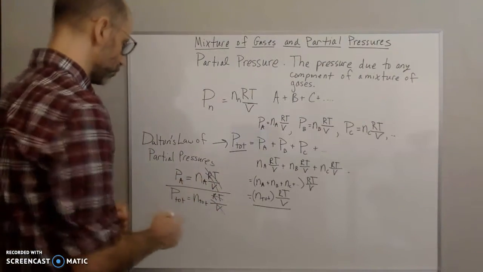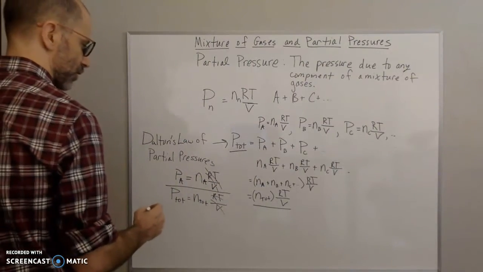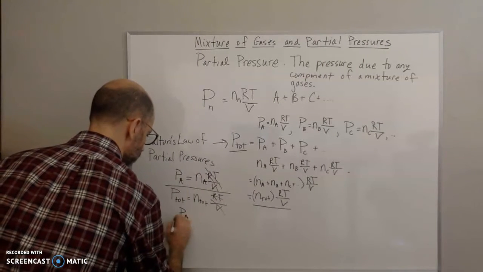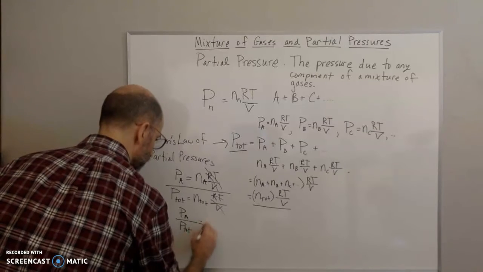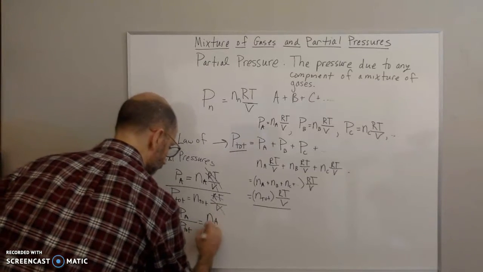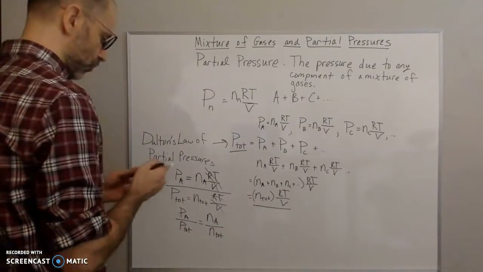And then what you're left with is a fraction equal to a fraction. So what you end up with is PA, the partial pressure of A, divided by the total, is going to be equal to the number of moles of A divided by the total moles.